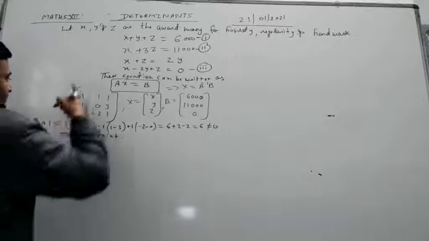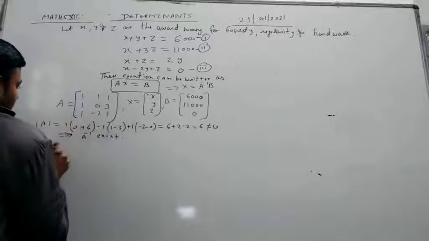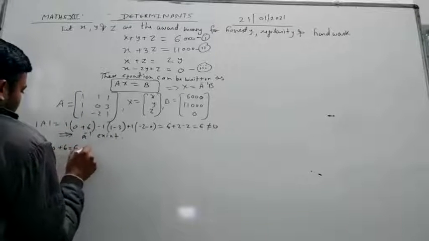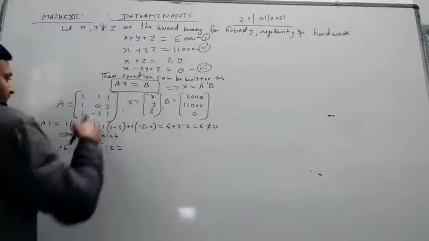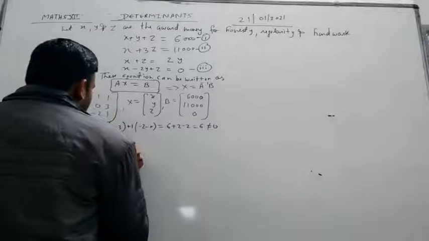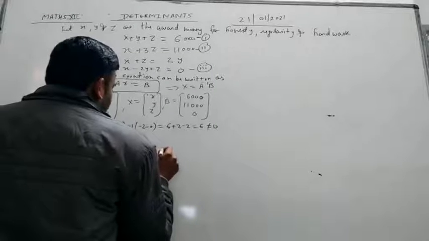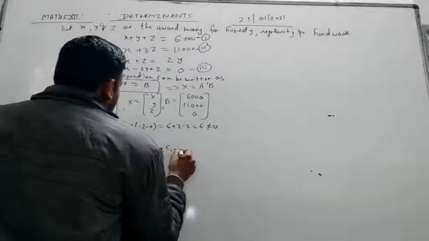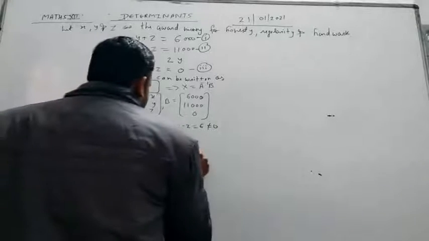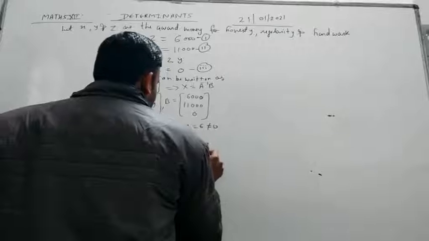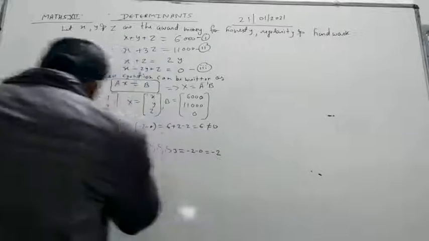So C11 is this cancel, 0 plus 6. C12, this is cancelled, 1 minus 3, so this is 2. And C13, this is cancelled, minus 2, minus 0, minus 2.